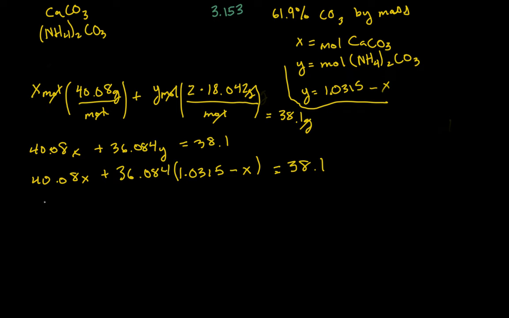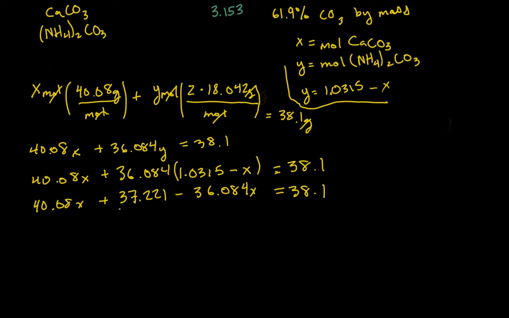I'll write it out. Can't hurt. 40.08X plus 37.221 minus 36.084X, again equal to 38.1.